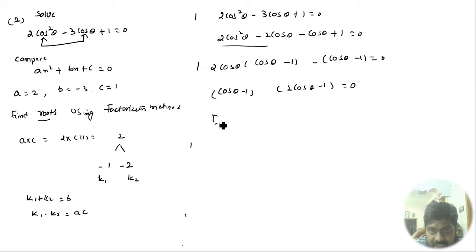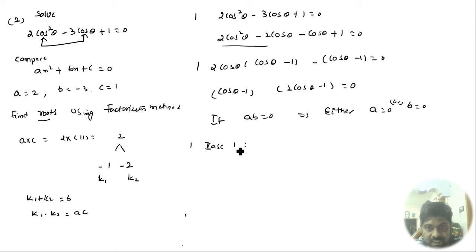So we have that if AB equal to 0, then A equal to 0 or B equal to 0. First, case 1: if cos theta minus 1 equal to 0, that is nothing but cos theta equal to 1.